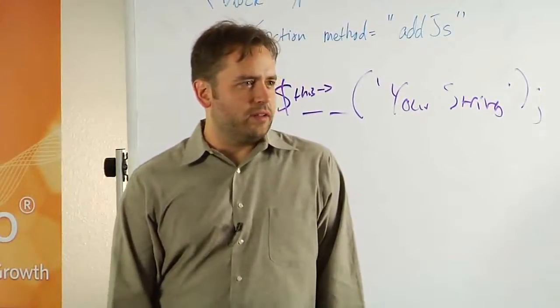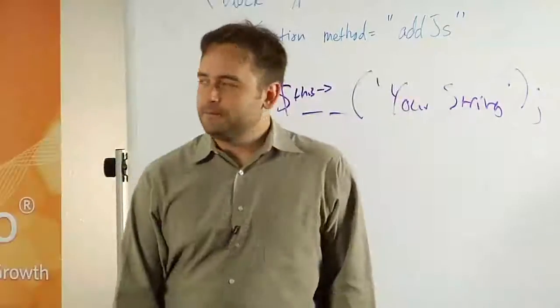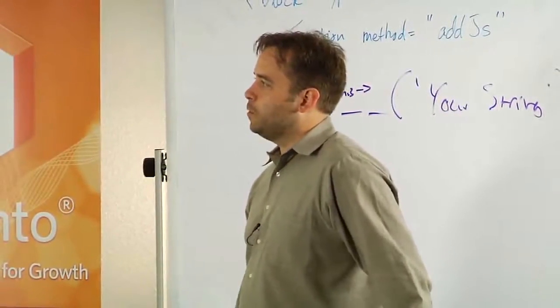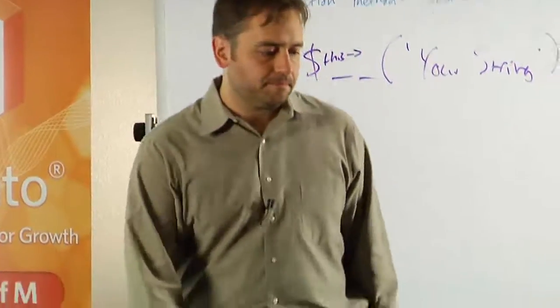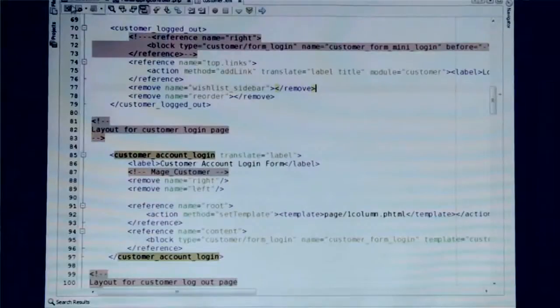yesterday we made a layout file for our module, I believe. Yeah? Cool. All right. Create your own handle in a layout XML file. Well, the next question is, what does that look like?